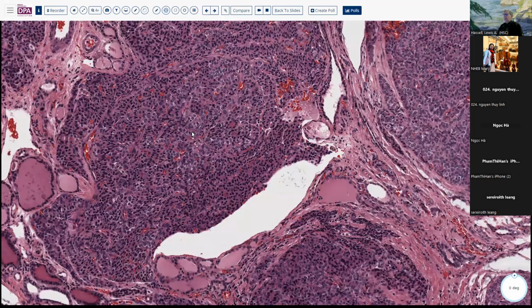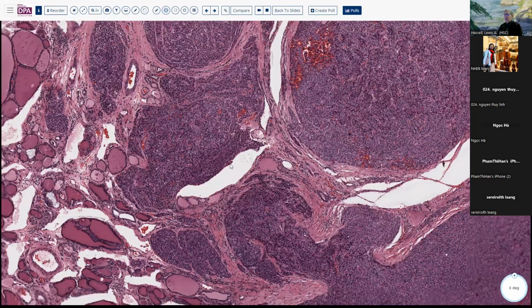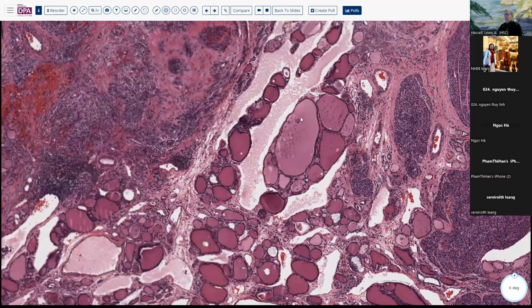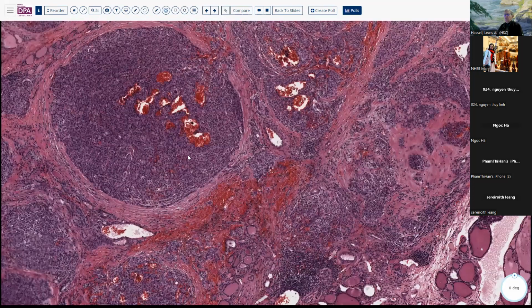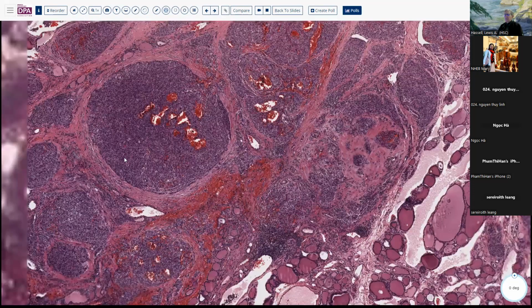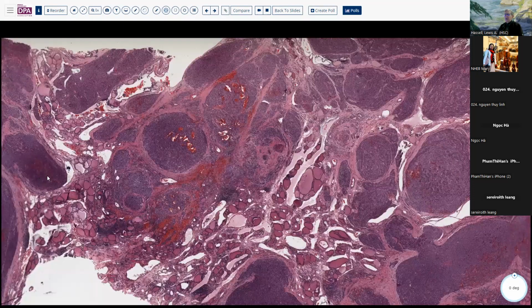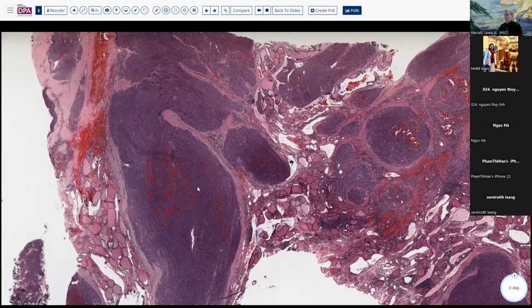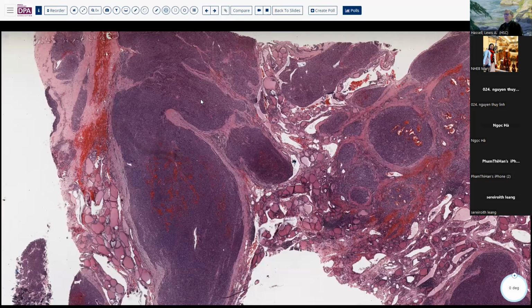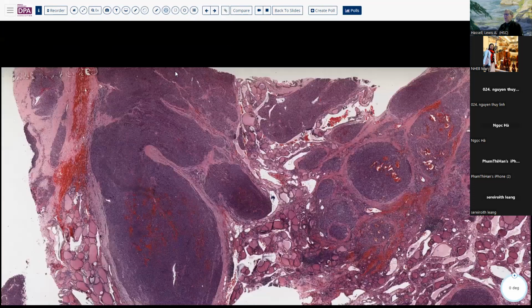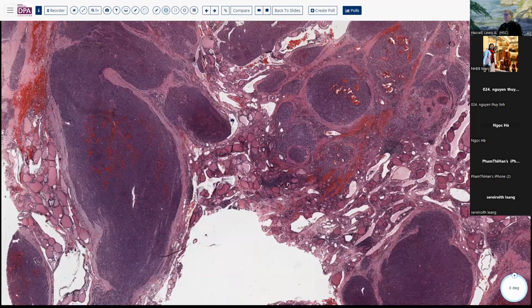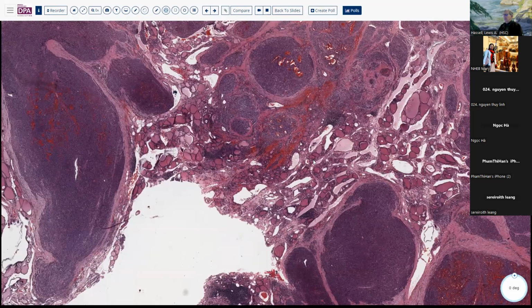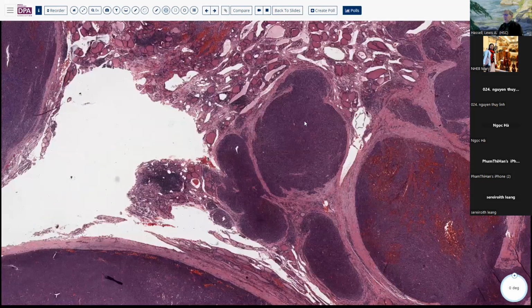But they also tend to begin to accumulate other mutational changes, like mutations in TP53 and so forth. So this lesion of poorly differentiated carcinoma is not a good stage. It's not as bad as anaplastic carcinoma, but it's clearly not a neoplasm to be trifled with.